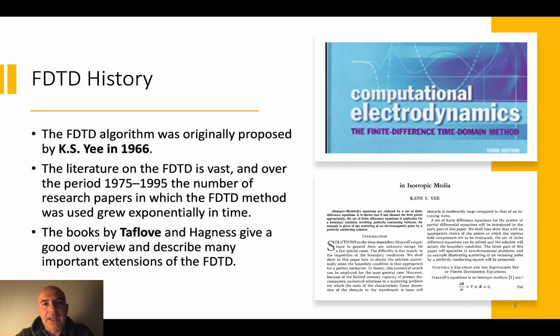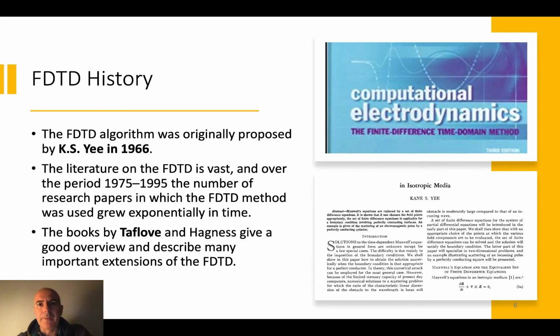So the FDTD algorithm was introduced in the 60s, originally proposed in a paper by K. Yee, that you see here on this slide, in 1966. The literature on the FDTD is quite vast and basically encompasses a large period of roughly 20 years, going from 75 to 95, that saw many research papers published where the method was largely improved.